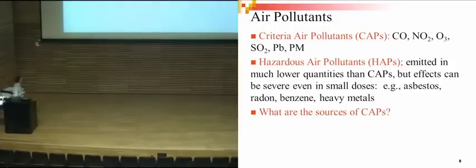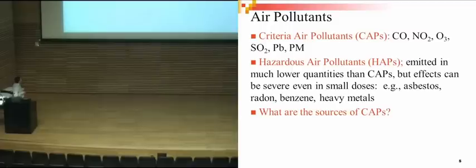So we talked earlier about the major criteria air pollutants: carbon monoxide, NO2, ozone, SO2, lead, and particulate matter. The focus today will be a lot on NO2, which is responsible for photochemical smog, the resultant pollutant ozone, and other VOCs that are CAPs. Another term you may hear in the air pollution vernacular is HAPs, or hazardous air pollutants.